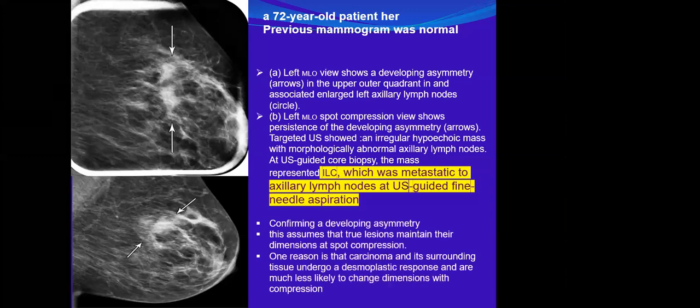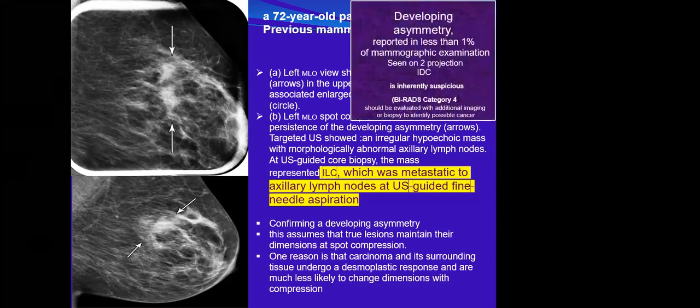One reason is that carcinoma and surrounding tissue undergo a desmoplastic response, so it is much less likely to change in dimension on compression. So we are dealing with a developing asymmetry, in this case due to invasive lobular carcinoma.